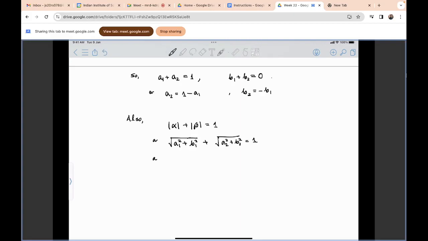Put B1 equals minus B2, so square root of A1 square plus B2 square plus square root of (1 minus A1) square plus B2 square is 1.